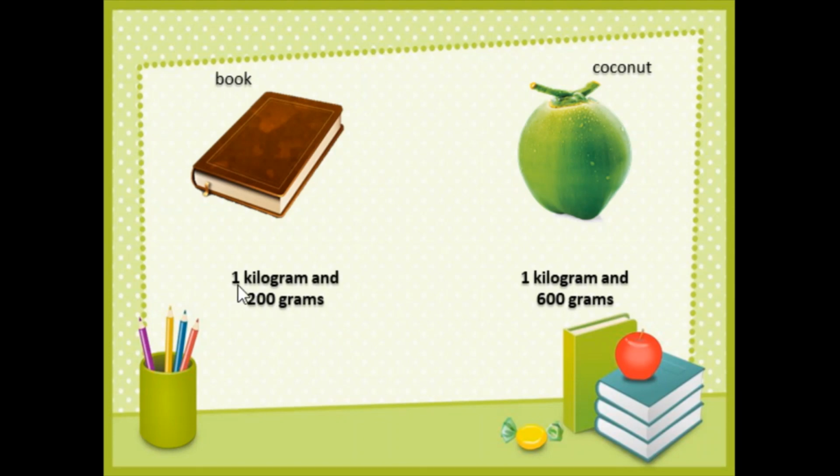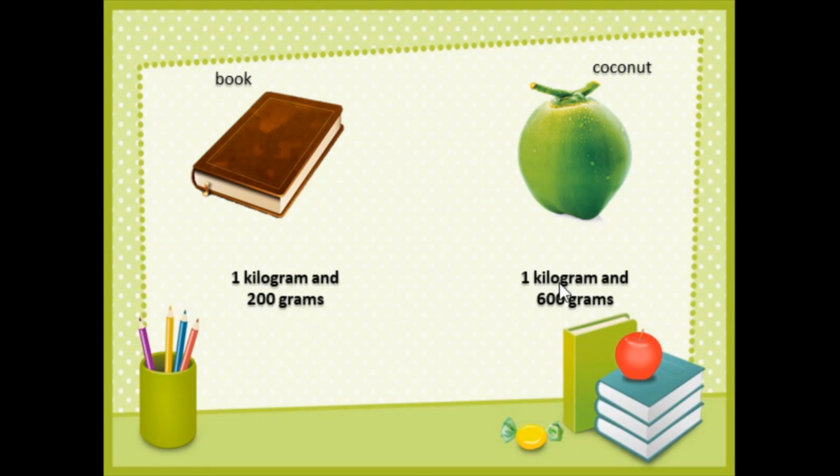Let's see. The book is how many kilograms? 1. Good job. How about the coconut? Also 1. Are they the same? Yes, they are. So, in this case, we cannot compare them just by looking at the kilogram.